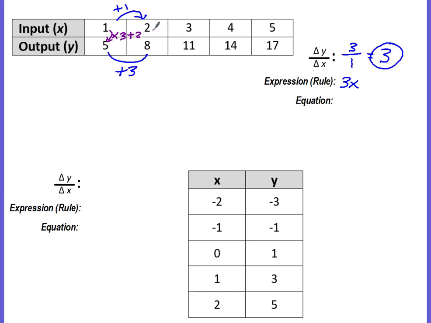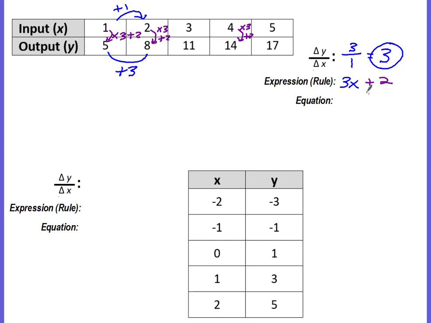Let's see if it works over here with the 2. If I do 2 times 3, that gives me 6. And then when I add 2, that gives me 8. So that works. Let me do this one. If I do 4 times 3, I get 12. Plus 2 gives me 14. So that works. So after we multiply x by 3, we then need to add 2.